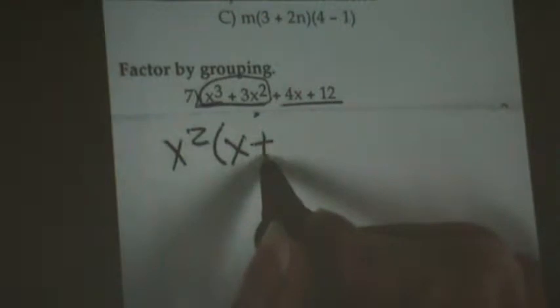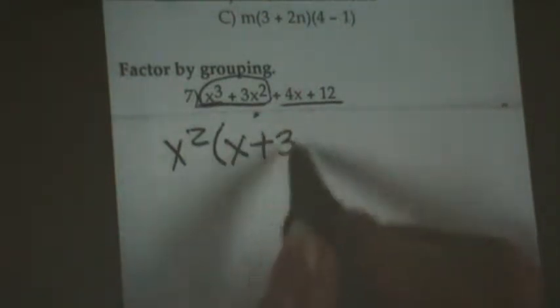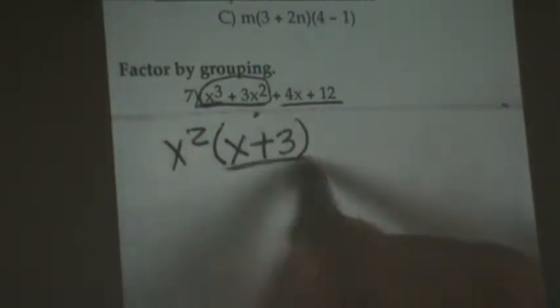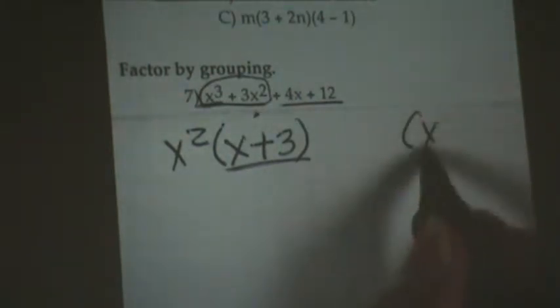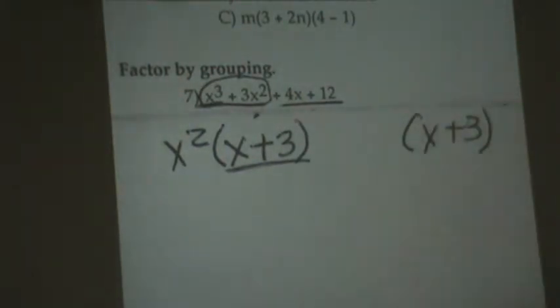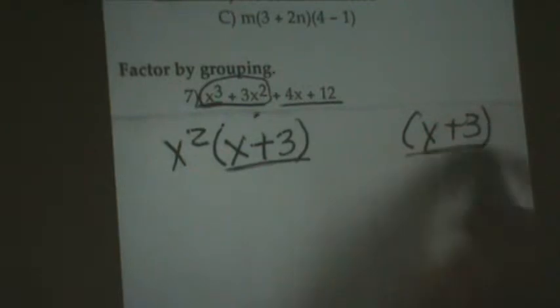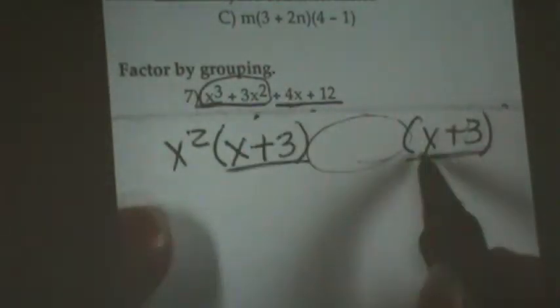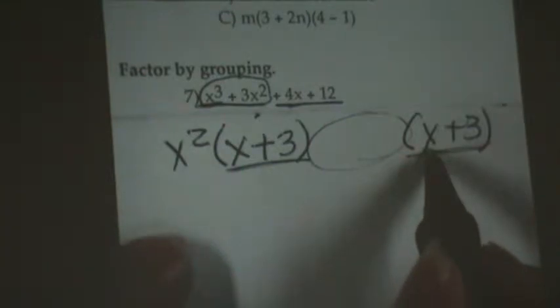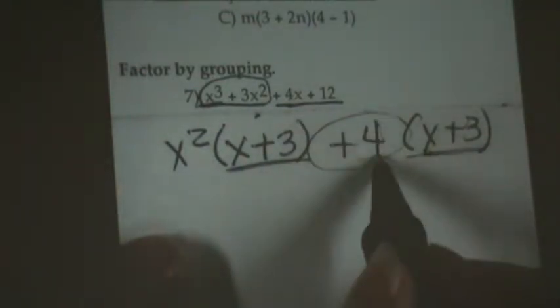Okay. Second term? Plus 3. Okay. You have this, you know it should be over here also, x plus 3. So what do you need to multiply that by? To get this first term, what do you multiply the x by? Plus 4, right? Okay, you have plus 4x and then plus 12. So that's right.